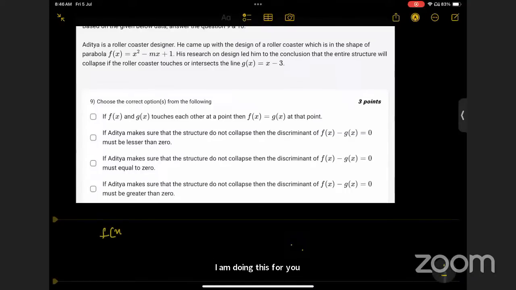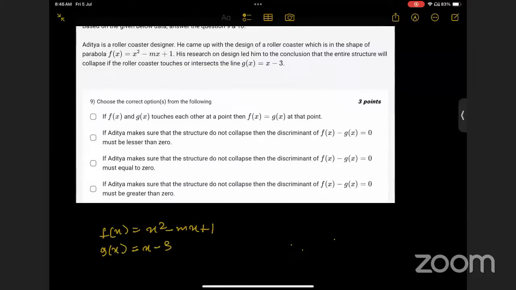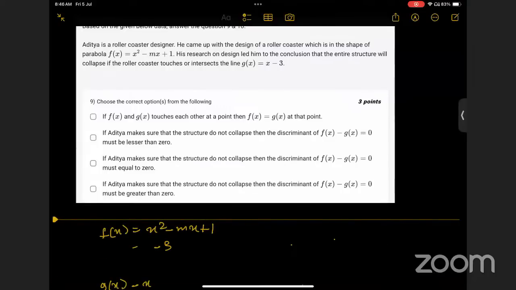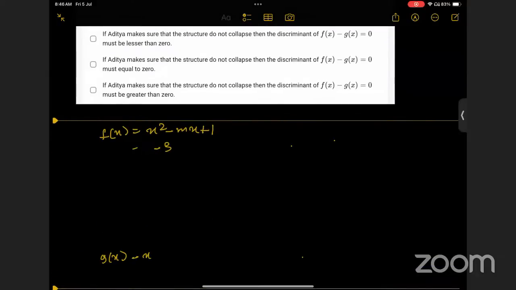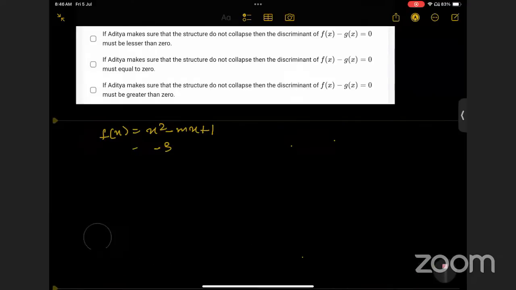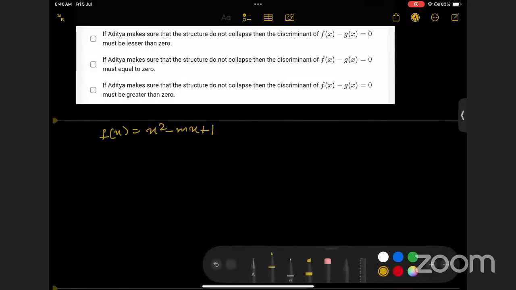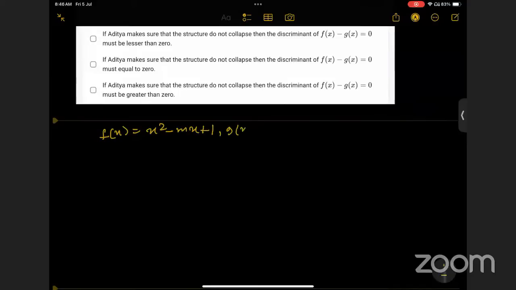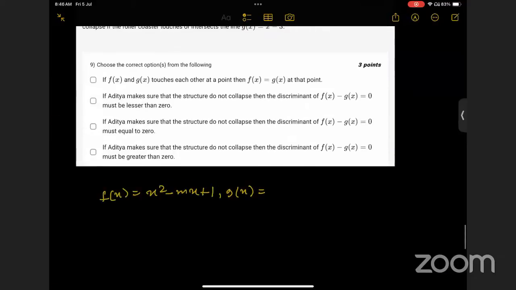We have this parabola and this line g equals x minus 3, right?